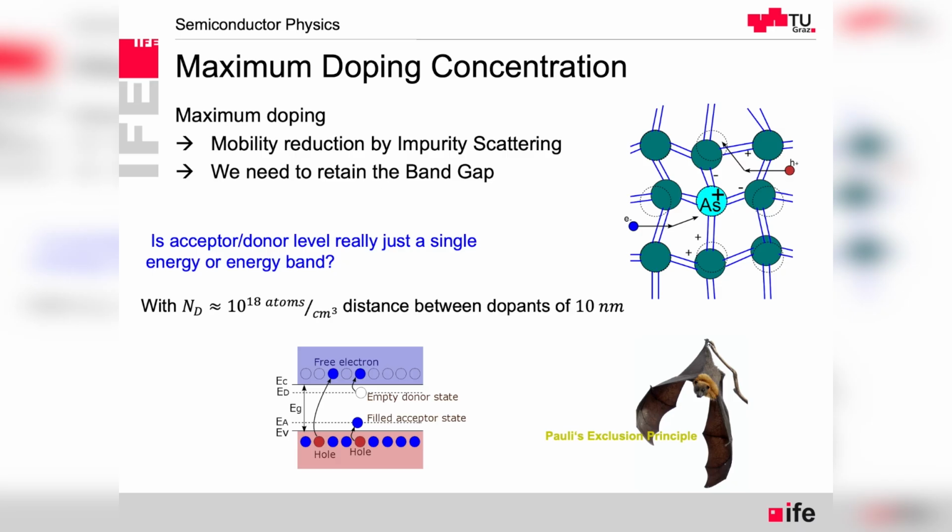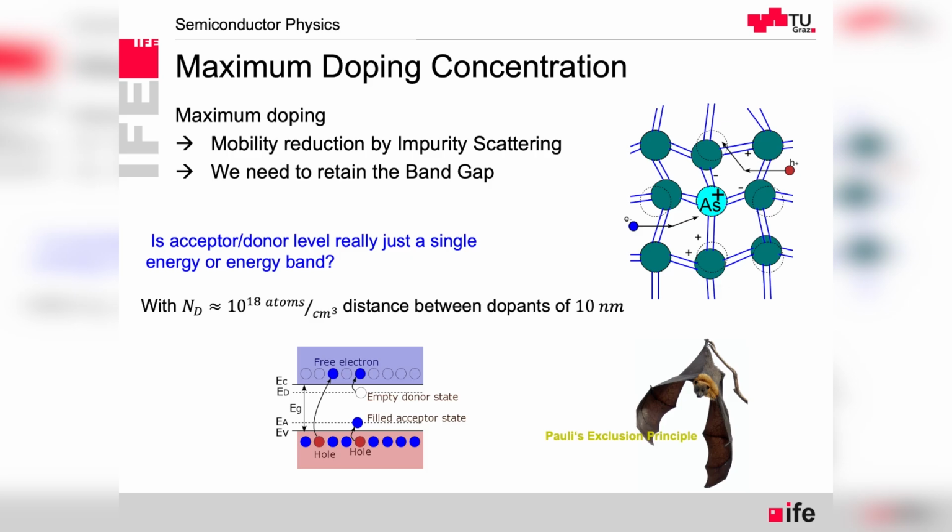There are also some interesting topics about it, and one thing that I was already mentioning is impurity scattering. So the more dopant atoms we have, the more positive or negative charged ions there will be in the semiconductor. And when there is a free charge carrier moving in the semiconductor, it will be influenced by the Coulomb forces induced by these ionized atoms.